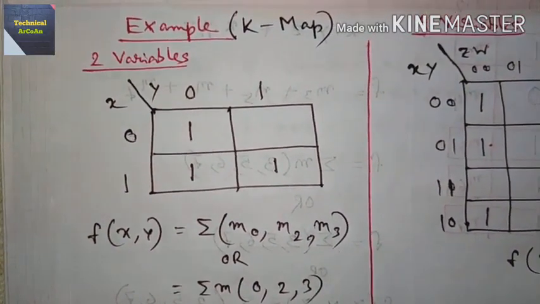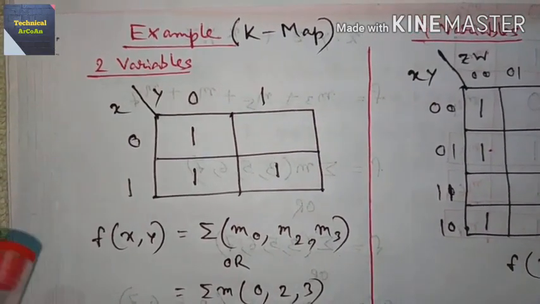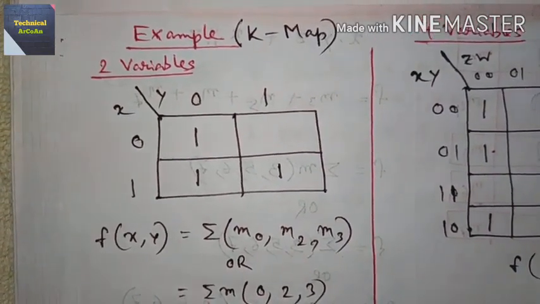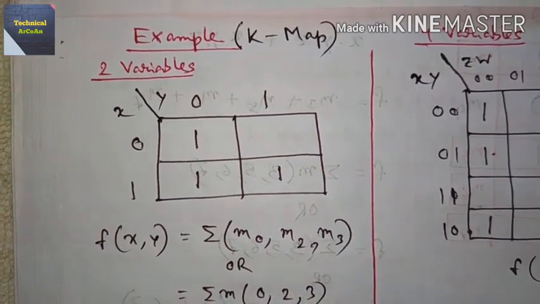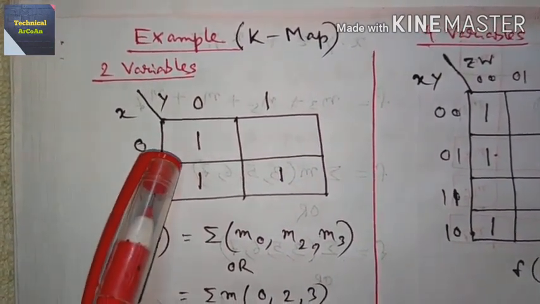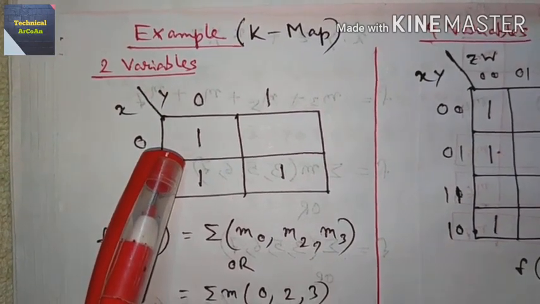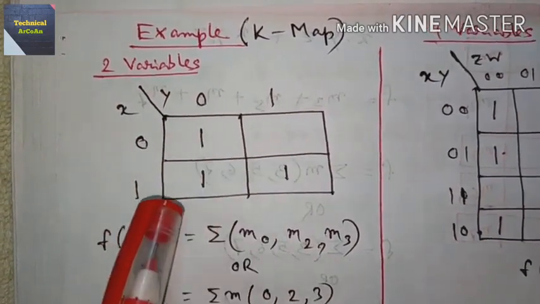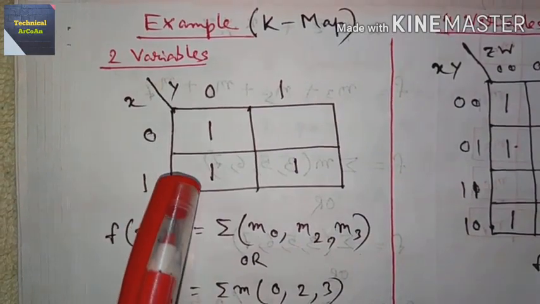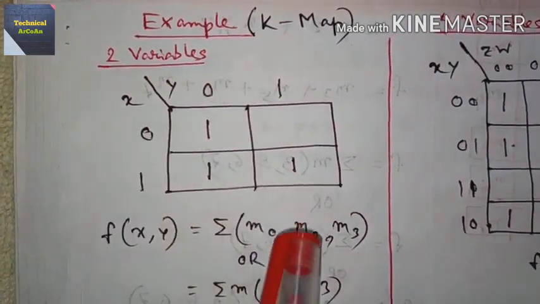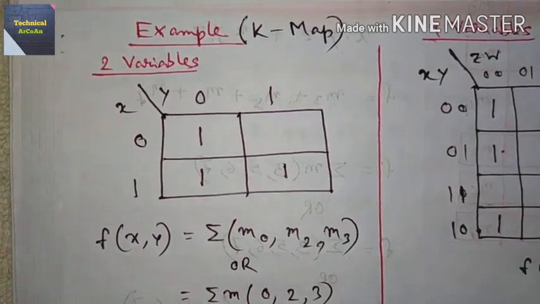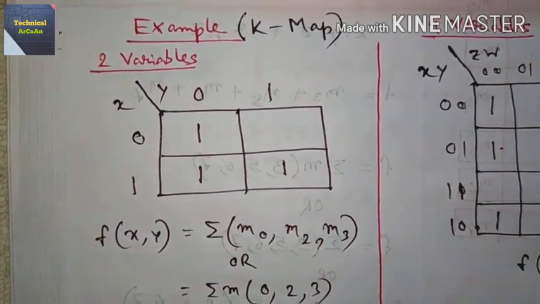I already told you for Minterm we put 1. Okay, why? Because the variable is normal for 1 in Minterm. So in the 0 position we put 1. Now this is the 2 position because 2 is given, so I put 1, and the position for 3 is also 1. So in that way we put the values in the Karnaugh map when we get this particular expression.